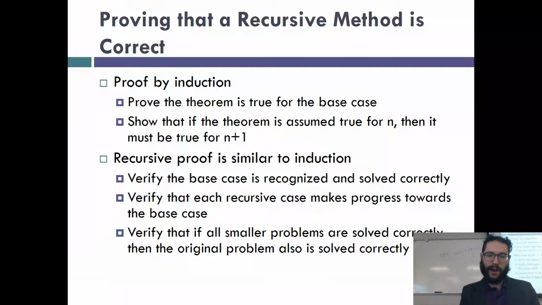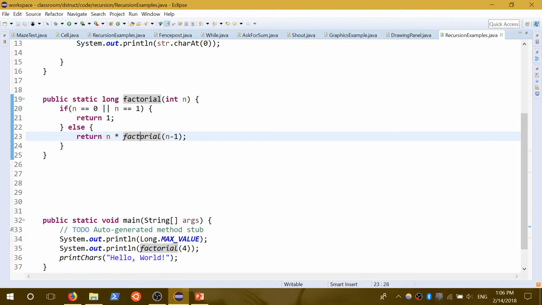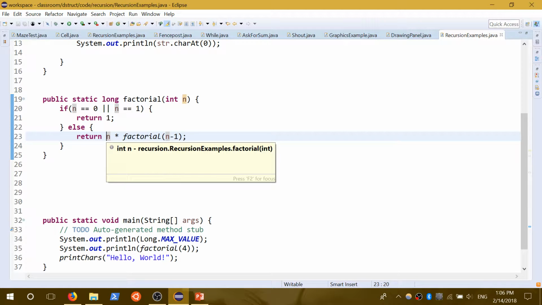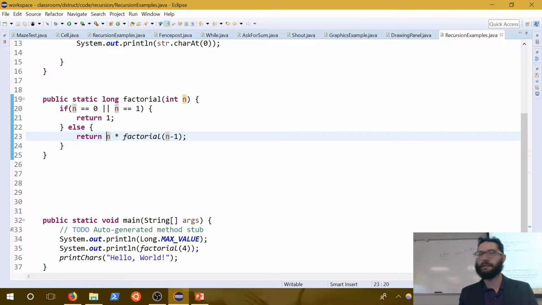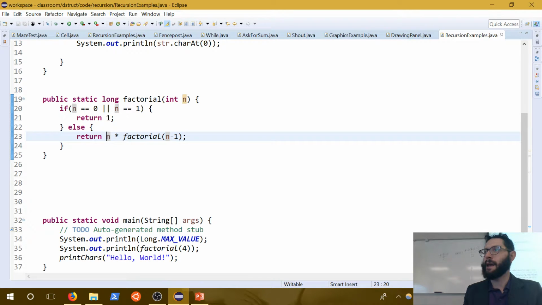And then verify that basically if you solve all the smaller problems correctly, then the original problem's also solved. Well, that means that we're just making sure that n times factorial of n minus 1 does give you factorial of n, right? And that's all that's saying. It's just basically saying that if you solve n minus 2 factorial and multiply that by n minus 1, you're going to get n minus 1 factorial.